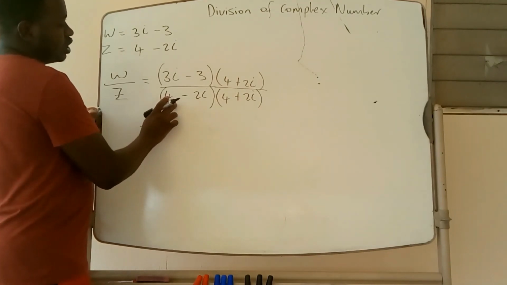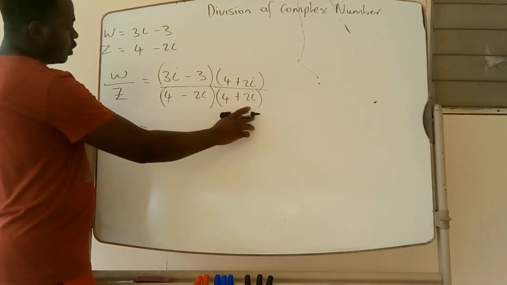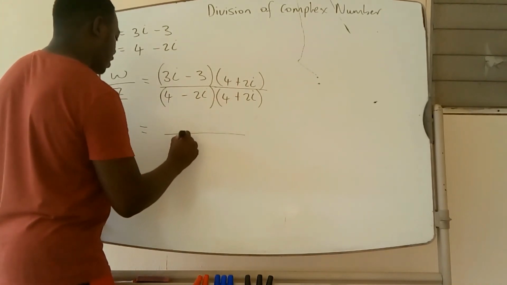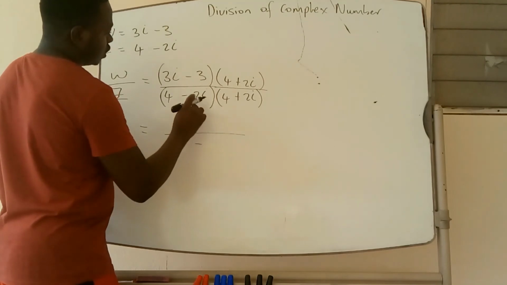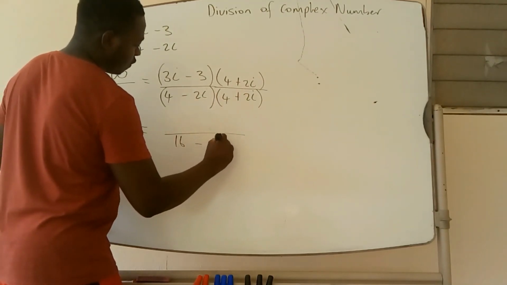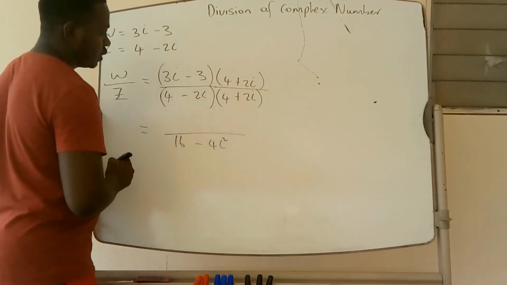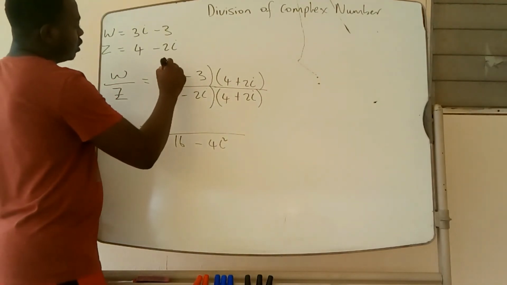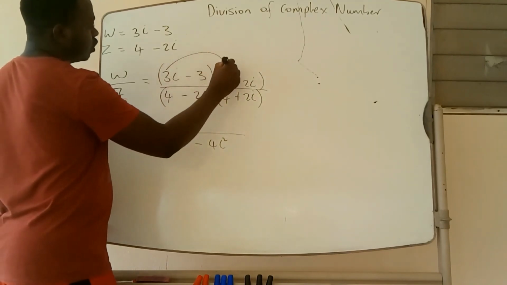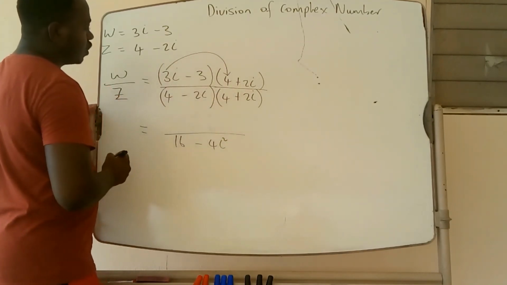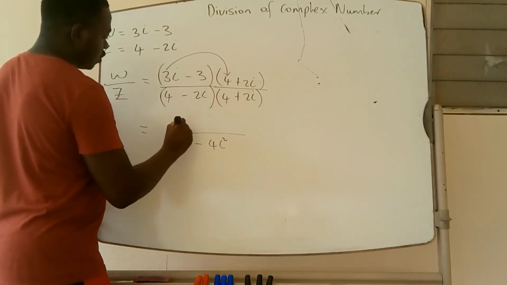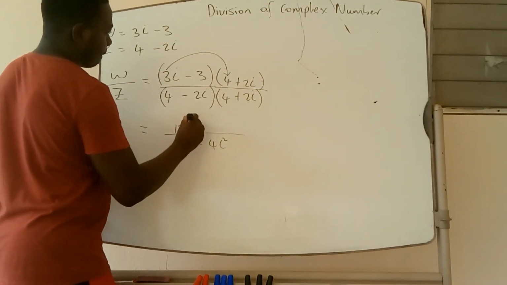Again, clearly the denominator is just a difference of 2 squares, so square the first term, so 4 times 4, that's going to give us 16 minus 2i times 2i, that's going to be minus 4i squared. Clear there? Again, let's use the distributive law to multiply the numerator. So we're going to use the first term to multiply the first term. So 3i times 4, that's going to be 12i.